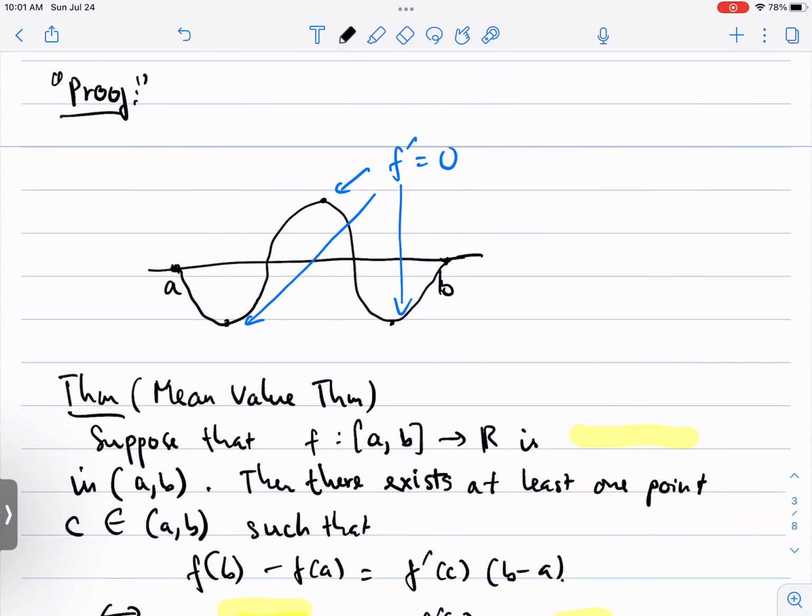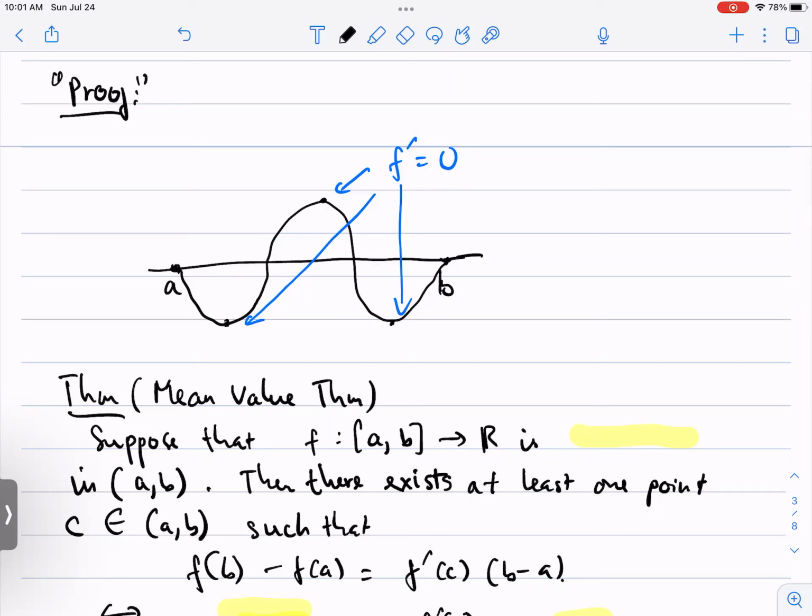The proof here is quite intuitive. The idea is that because the value of the function does not change at the endpoints, if the function is increasing, then it must be decreasing later. If the function is decreasing initially, then it must be increasing eventually.